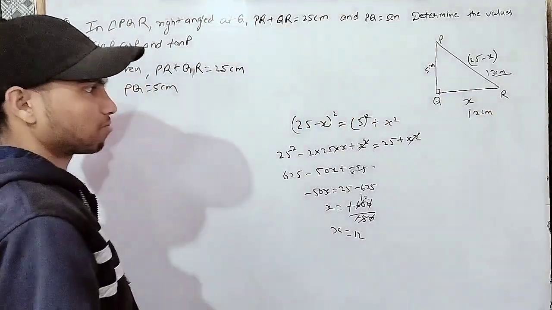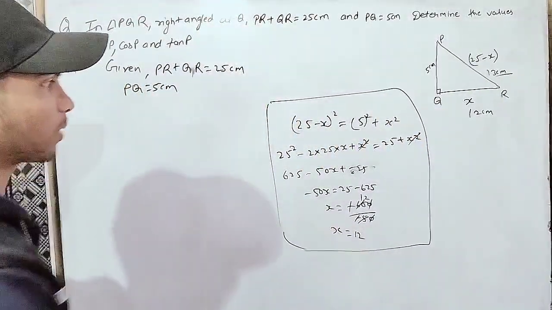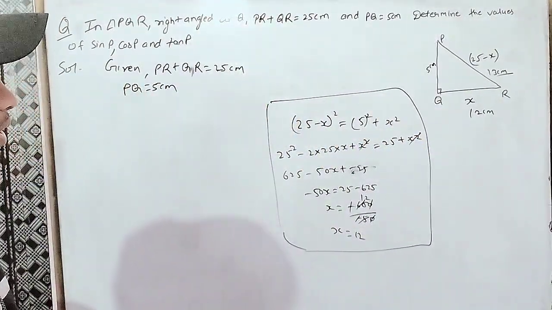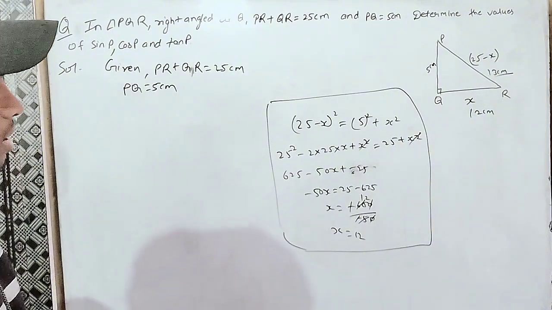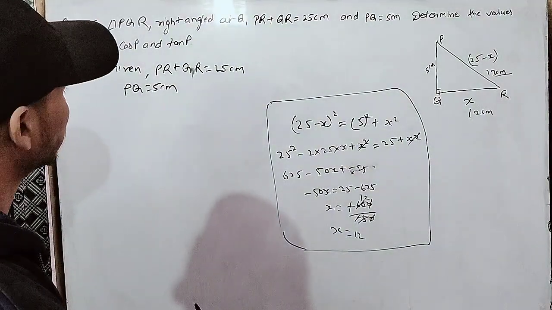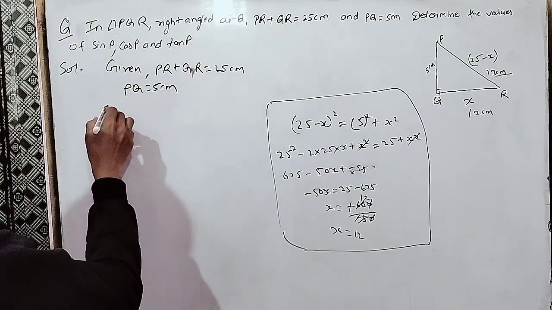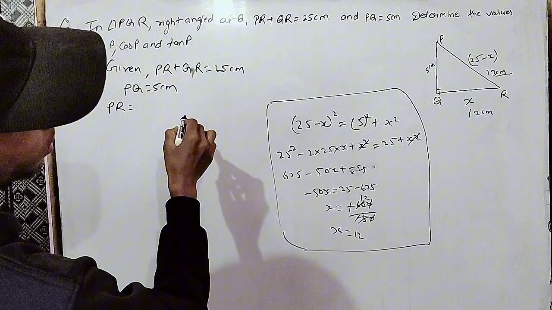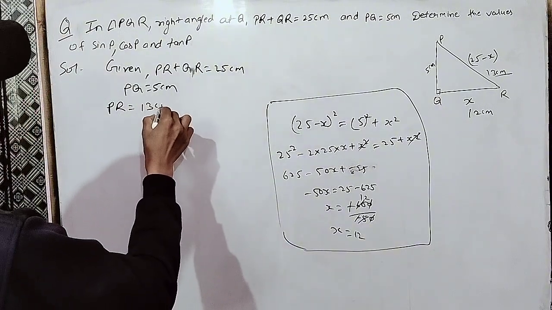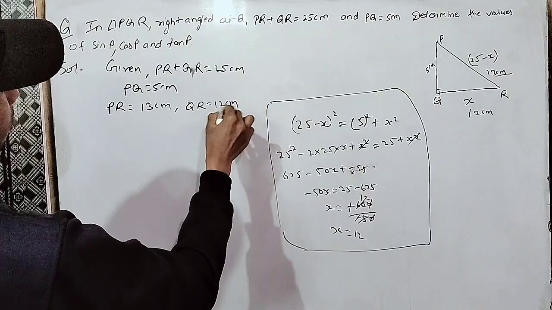Clear? Very simple. This is a way. As I said, this question is a teeny bit complicated. We know PR is 13 centimeter, and QR is 12 centimeter.